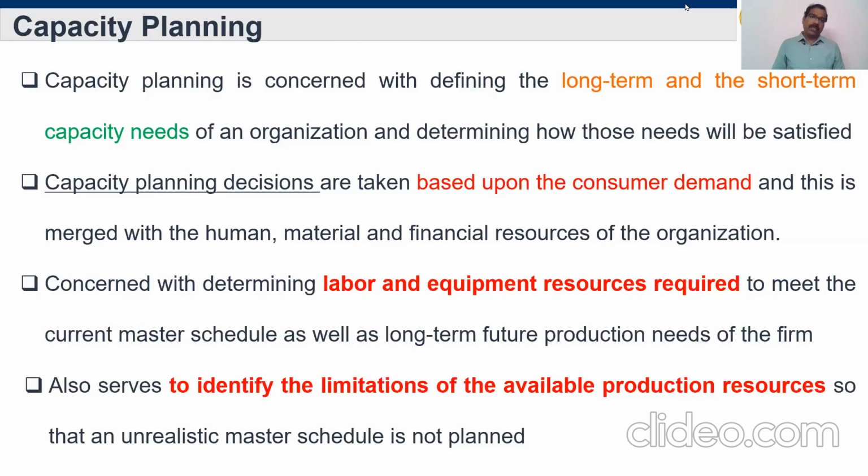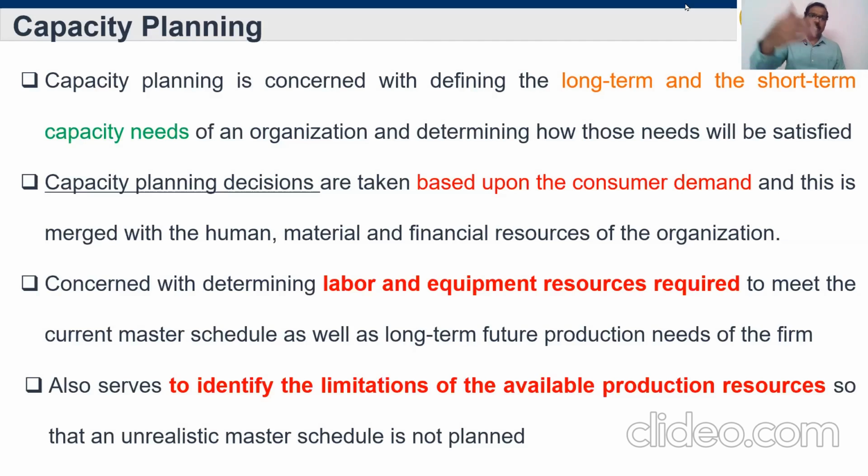It is also concerned with determining how much labor and equipment resources are required to meet the master schedule, meaning the demand from the customer in both short term and long term, and also identifying the limitations of the available production resources.